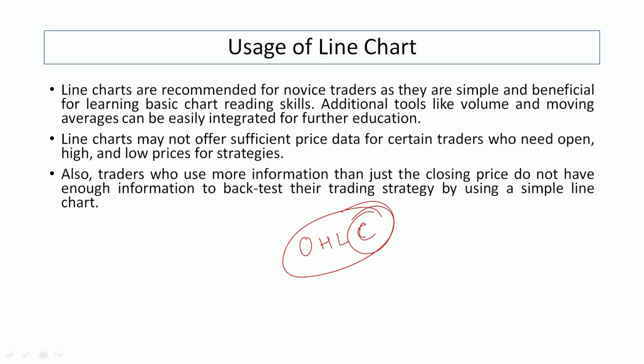They can use this chart and understand what is going on with the particular stock. Traders who need more information than just the closing price cannot understand the depth of the particular stock or the factors affecting it. They need more data, and this line chart is useful for first time investors or amateur investors.